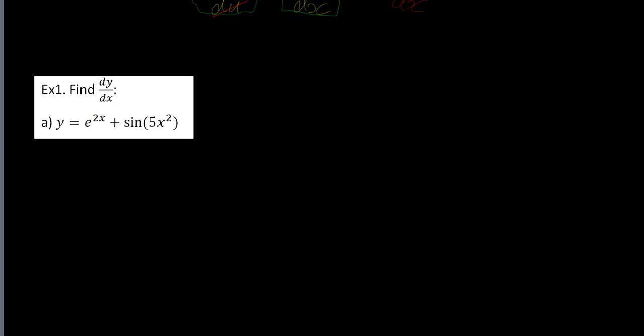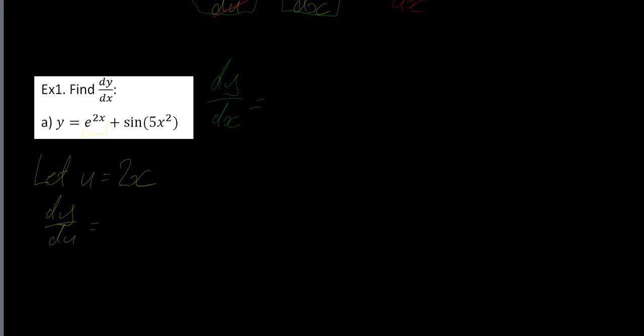So over here, we're going to work on the terms one at a time. So we have dy dx equal to, okay, so for the e term over here, the exponential, we're going to let u equal to 2x. Okay, we know e to the power of u, oh sorry, dy du.